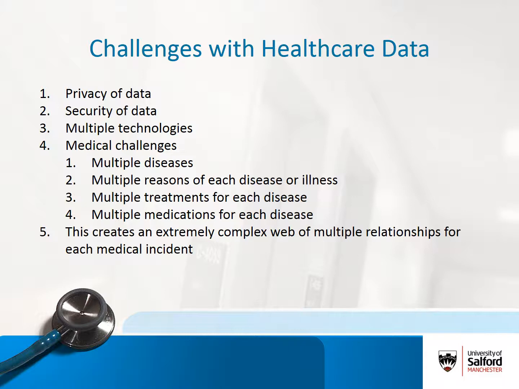So if one imagines the complexity of a patient having a disease which could have been caused by 49 different ways, can be treated in different ways, and there are 1,800 different types of the same drug available to cure it or help cure it, the one-on-one relationship is replaced with a many-to-many complex relationship, and this now needs to be digitized. So this creates an extremely complex web of multiple relationships for each medical incident.